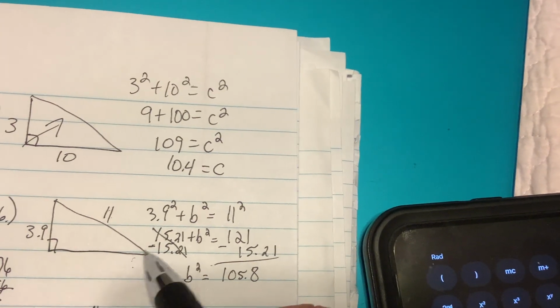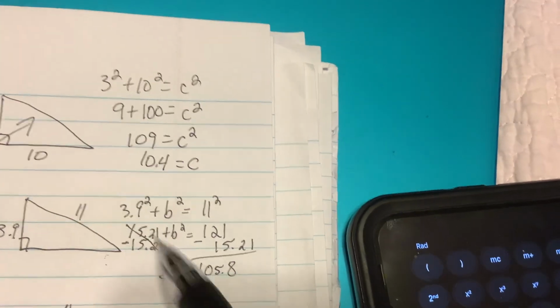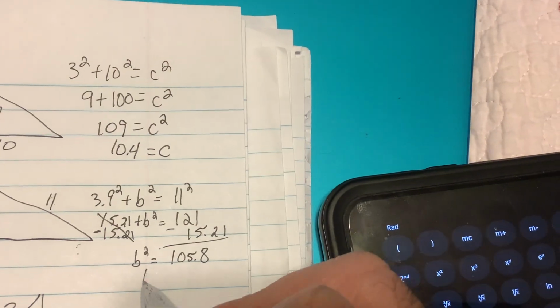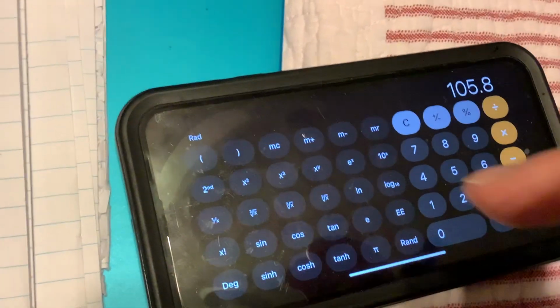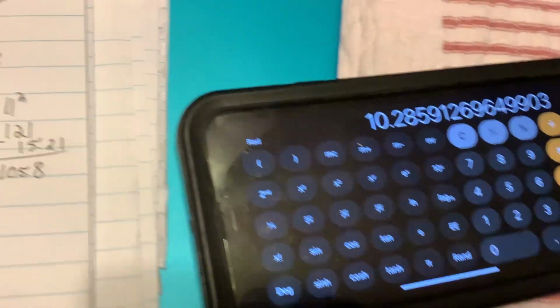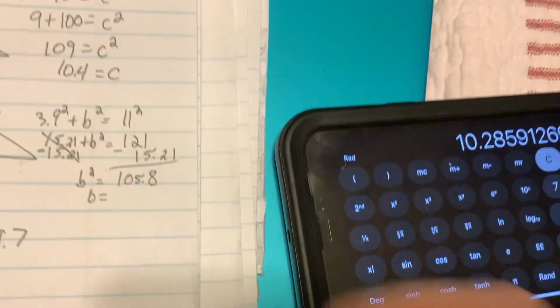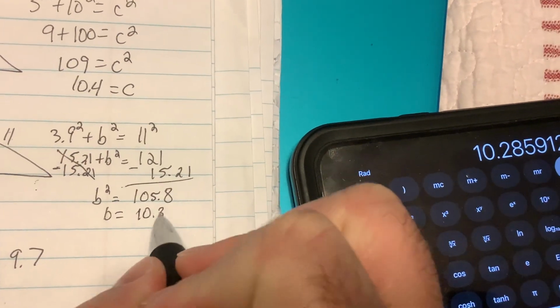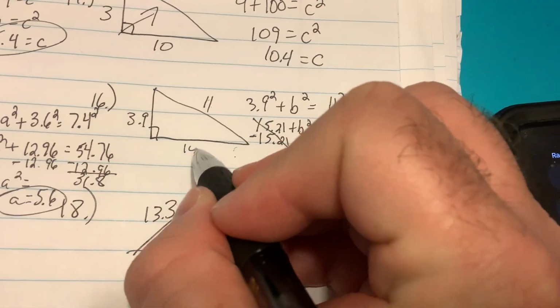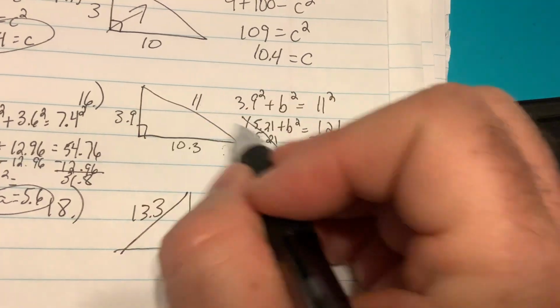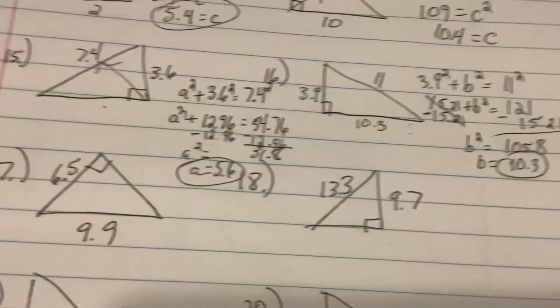That should tell you, wait a minute, that's way too big. So it reminds you that you still need to square root 105.8. So we're going to do that. And it's 10.3 rounded to the nearest tenth. And see, that makes more sense. If this was 3.9 and this was 10.3, that fits into the lengths of the triangles, okay?